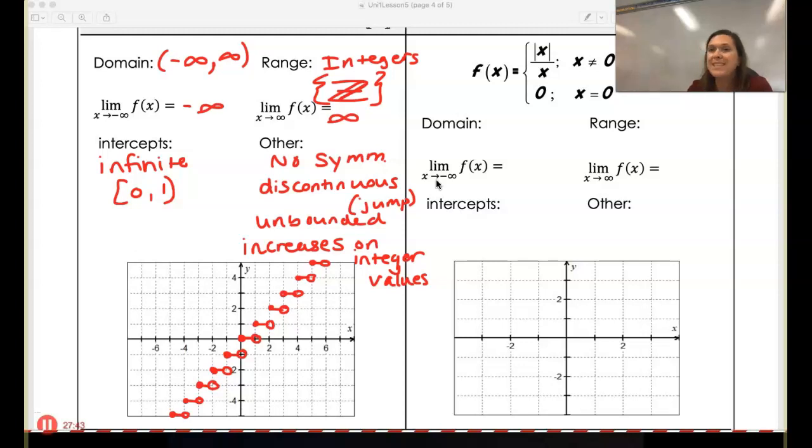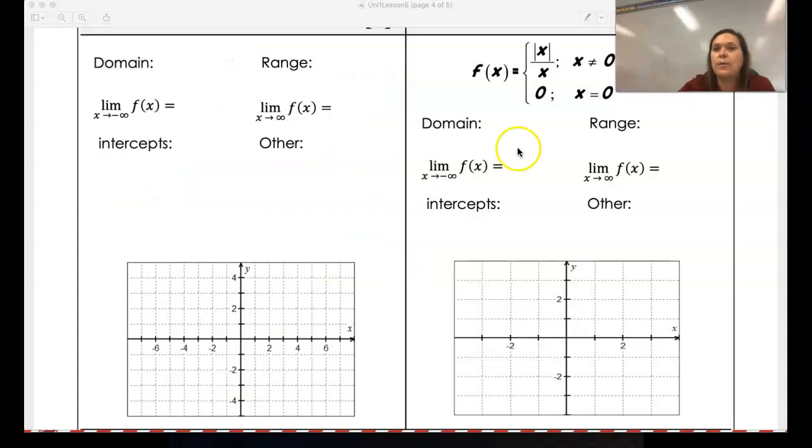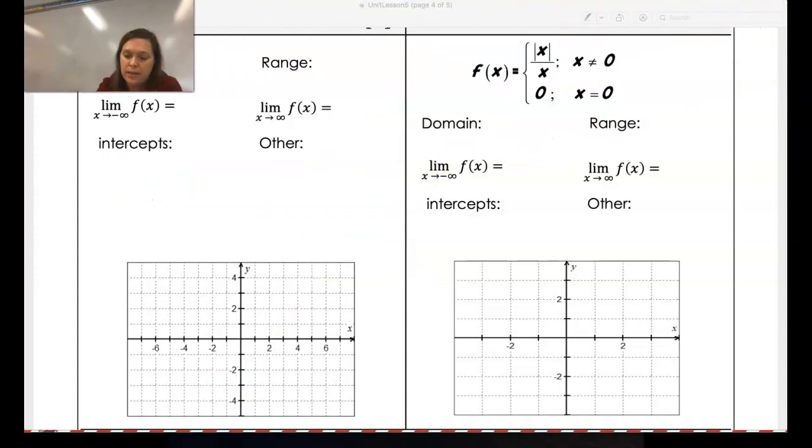Alrighty, so now let's go to the signum. This might be something that's new to your life. Maybe you don't know this, but they use this a lot in calculus, the signum function. So the parent graph of the signum function is f of x equals the absolute value of x divided by x, only when x is not equal to 0, and it's equal to 0 when x equals 0. So what does that look like as a graph? Well, the second part would be the origin, right?